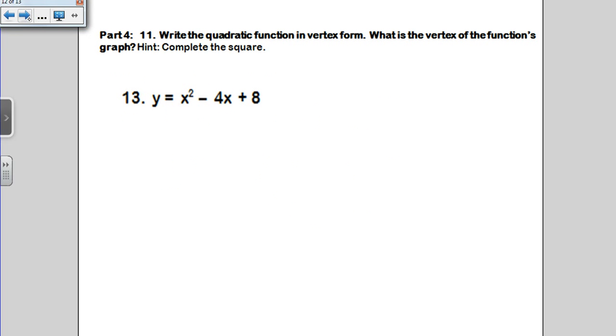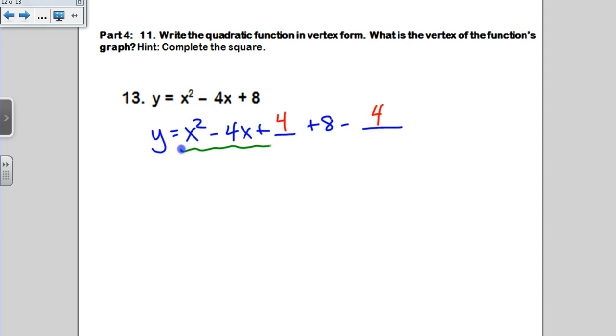Okay, our next problem, same way. We're going to move the 8 off to the side a little further, and we're going to leave a space where I can both add and subtract the c value. Alright, so here half of negative 4 is negative 2. When I square that, I get a 4. So I'm going to add the 4 and subtract the 4. I'm going to group these first 3 together.